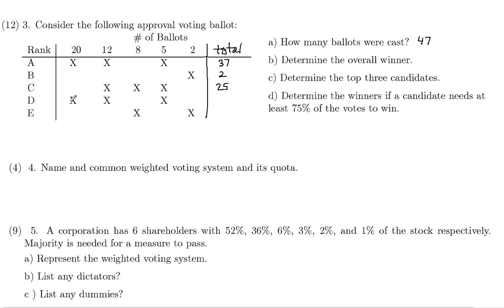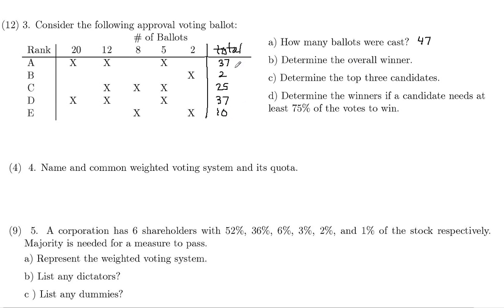And D got 20 votes here, 12 votes on these ballots, and then 5 votes here. So 20 and 12, 32, and 5, 37. And then E got 8 votes from these ballots, and then 2 more from those. So 8 and 2, 10.